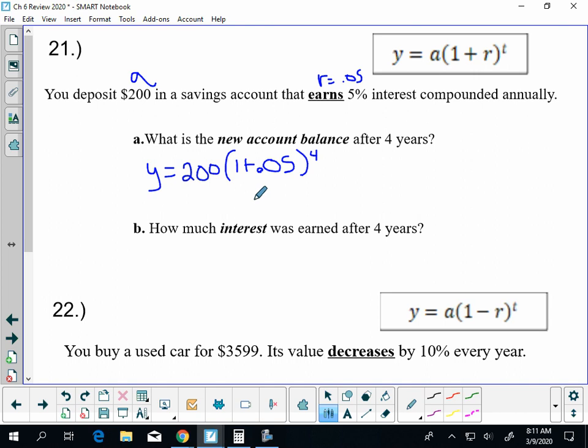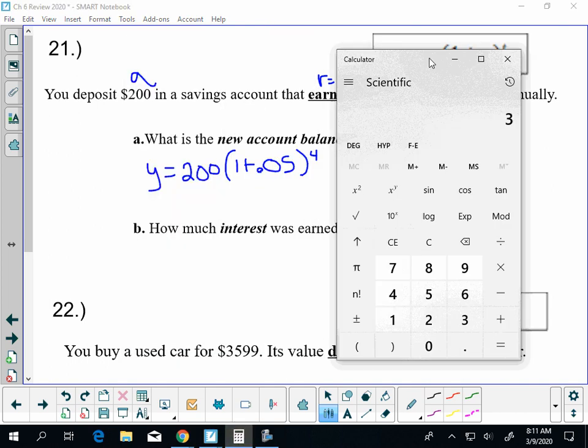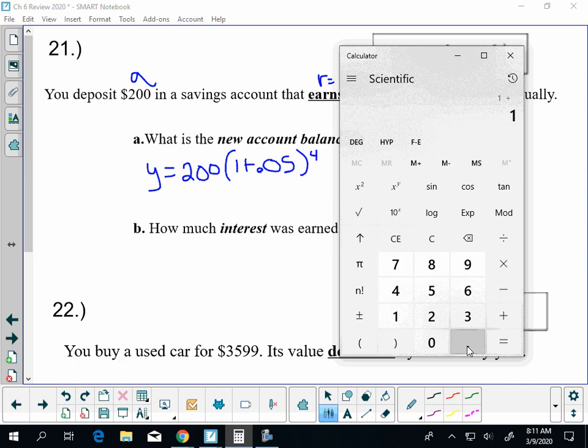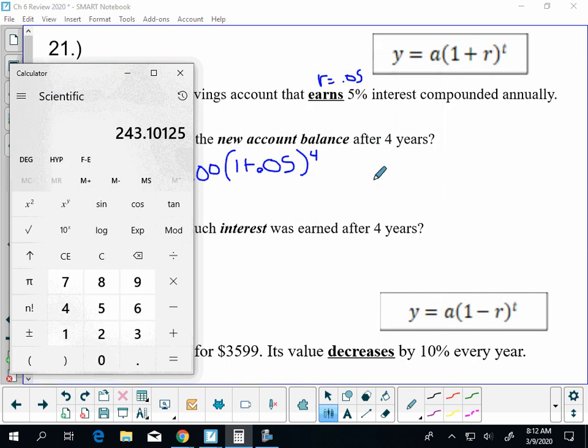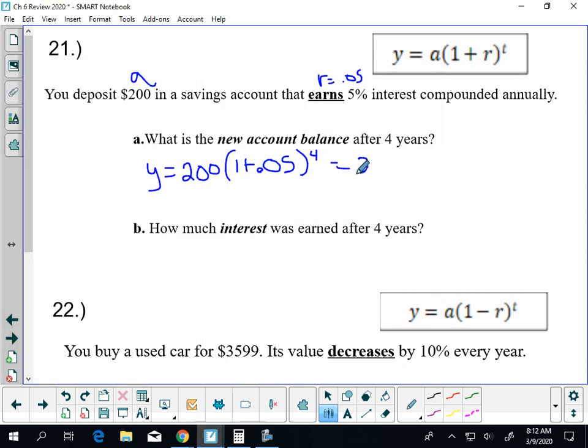Well, if I add that together, I'm going to get 1.05, so let's put that into the calculator. 1 plus 0.05, and then raise that to the fourth times 200. And I get $243.10. So that is how much is in my bank account after 4 years.